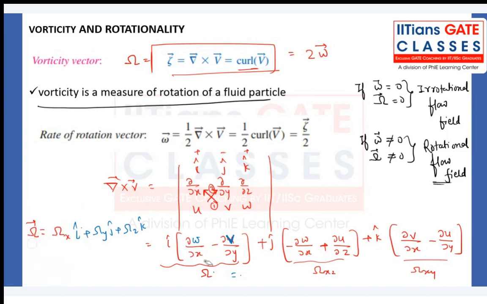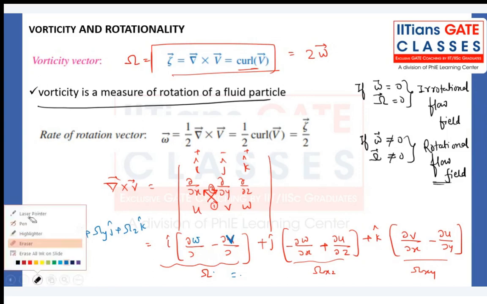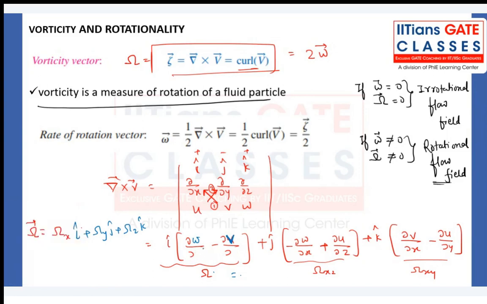This has to be corrected because the i cap is there, right? So this is dou omega by dou y, and this has to be z, yz or omega x cap. Make the correction. Remaining things are correct.